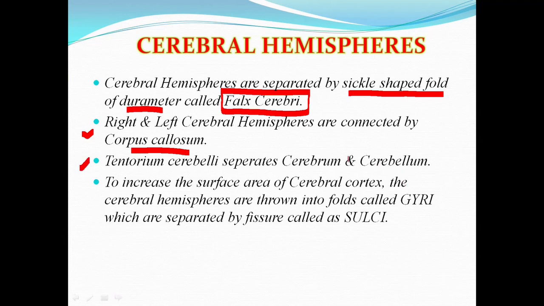The tentorium cerebelli separates the cerebrum from the cerebellum. When you study the cerebral hemisphere, the cerebral cortex surface has increased and is thrown into folds called gyri, separated by fissures called sulci. So we name the sulci and the gyri.